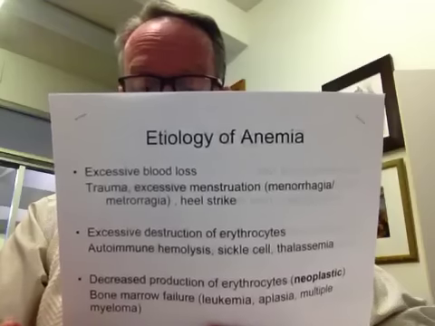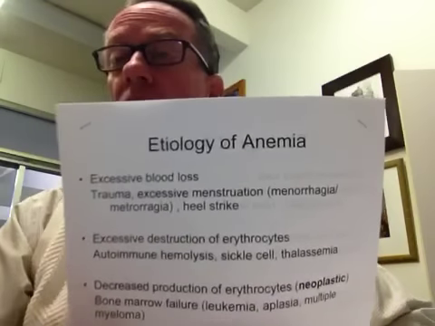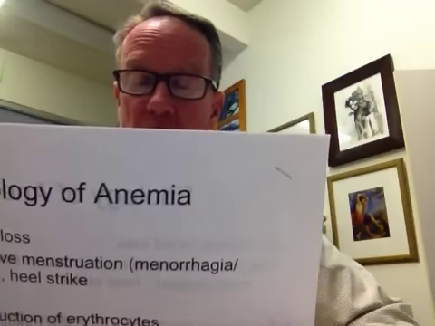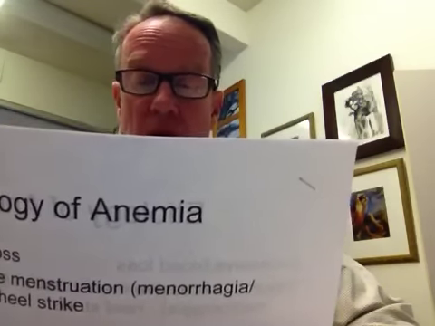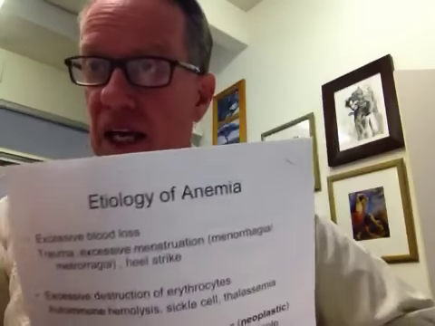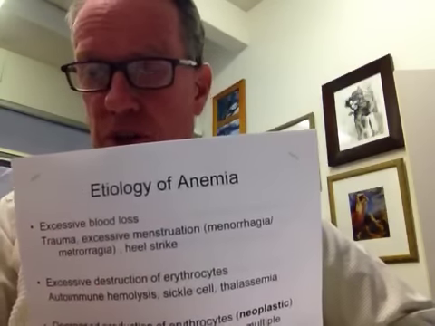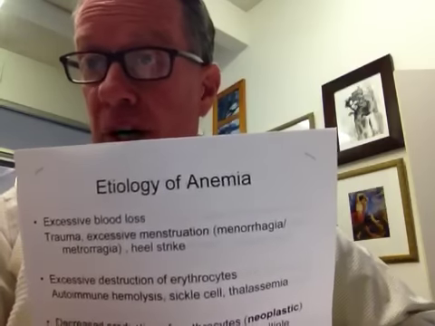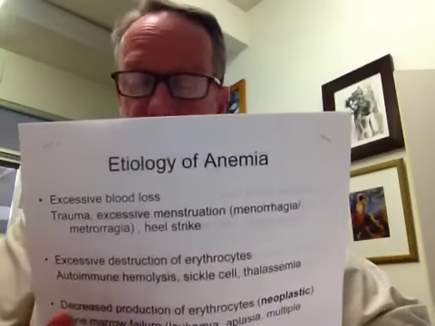That leads to leukemia, aplasia, and multiple myeloma. I wanted to say one more thing to you about that. A marrow-related disease process is spoken of as myeloma. So that'll come here in just a little bit.